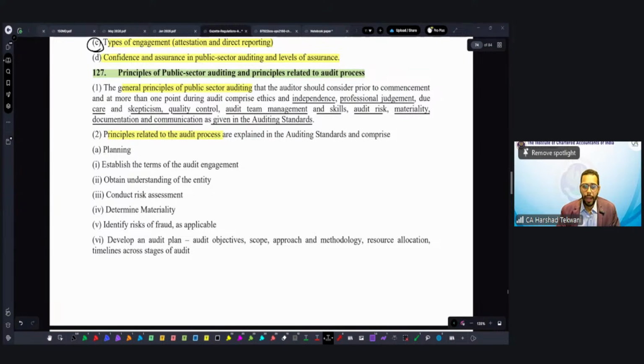And when we talk about auditing standards, we already know them. The principles given in the auditing standards can differ a bit for the public sector undertaking.